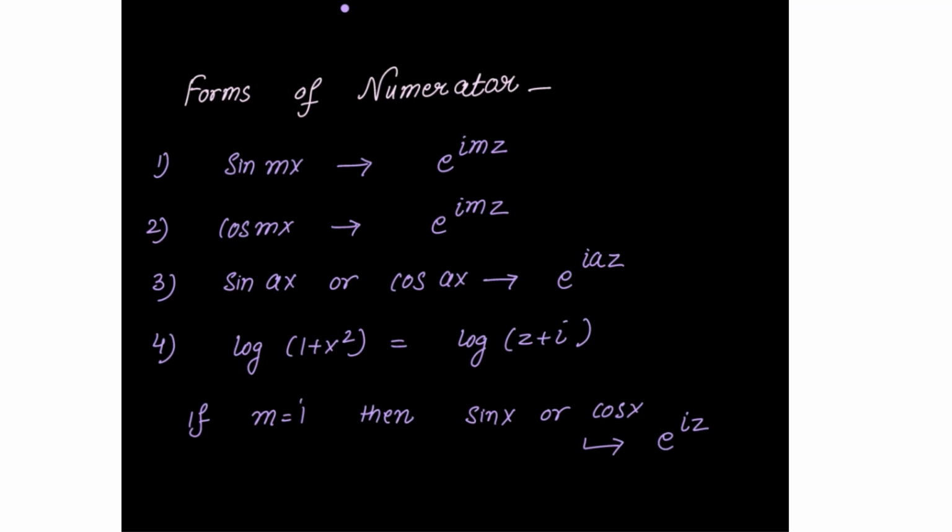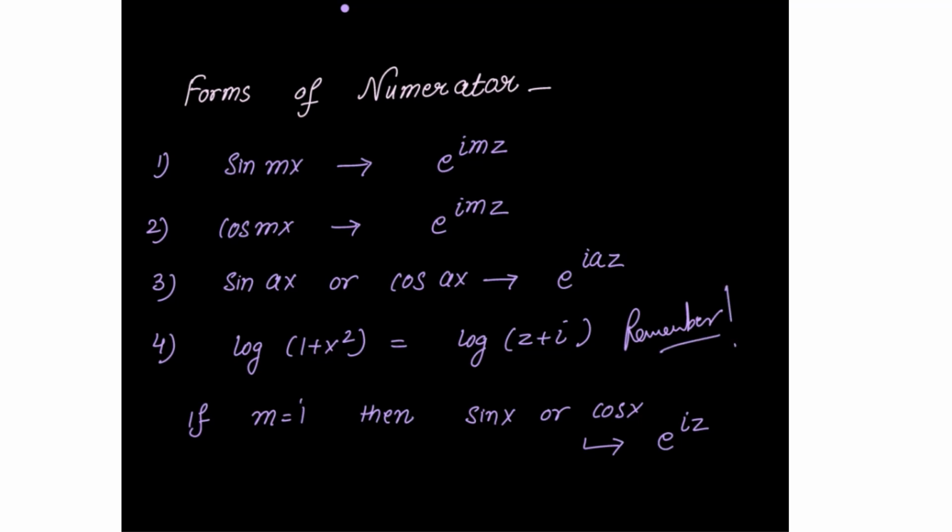Alright, now in this type of assignment, we are going to work with logarithm, right? So here in the numerator of the integration, we will be getting log of 1 plus x square. So this thing will be changed into log of z plus iota. Please remember this.